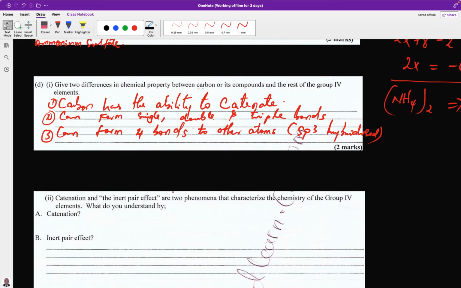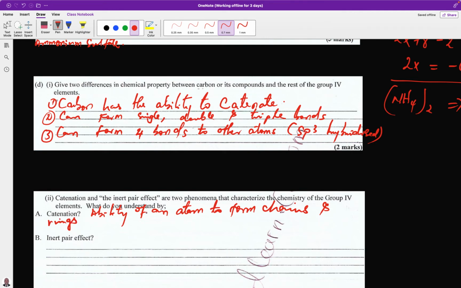Catenation is the ability of an atom to form chains and rings between itself. That is covalent bonds.